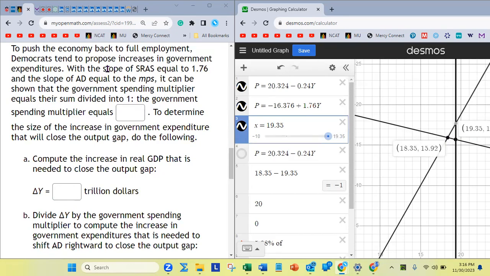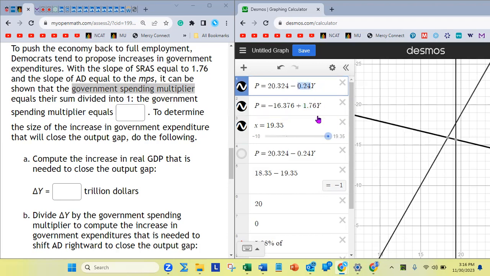Now, it can be shown mathematically that the government spending multiplier is 1 divided by the sum of the slope of short-run aggregate supply and the absolute value of the slope of aggregate demand. In our case, theoretically, the slope of aggregate demand is the marginal propensity to save.